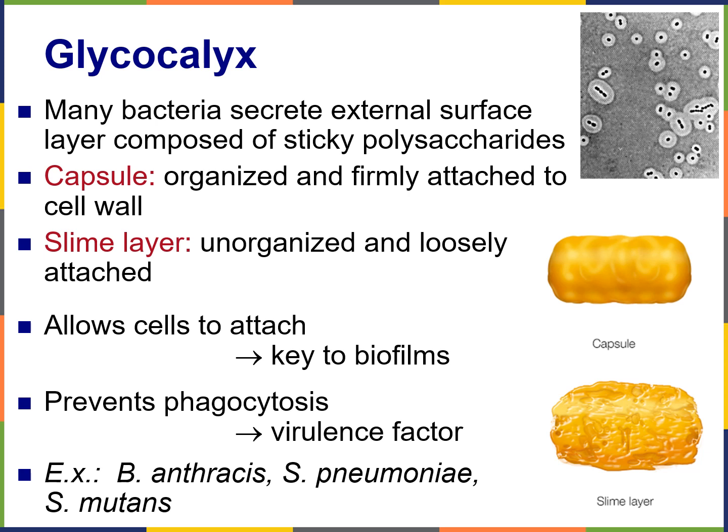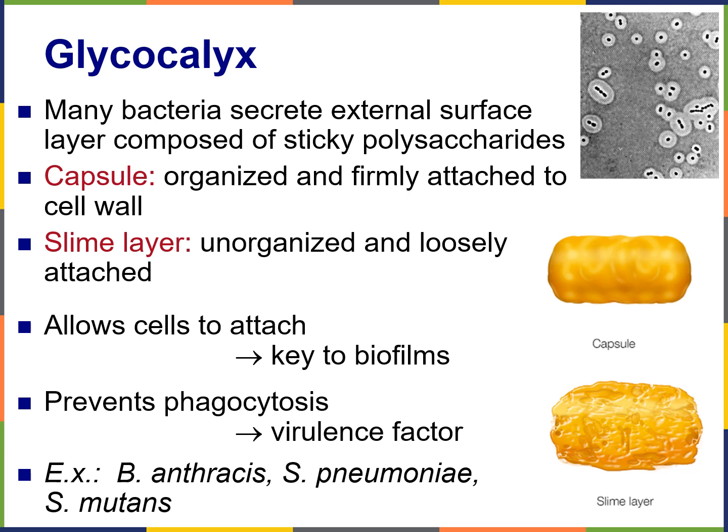Well, in a capsule, the glycocalyx is organized, it's firmly attached to the cell wall, it's uniform, it's not patchy. You can see a picture of the capsule on the right, and you can compare the picture of the capsule to that of the slime layer.